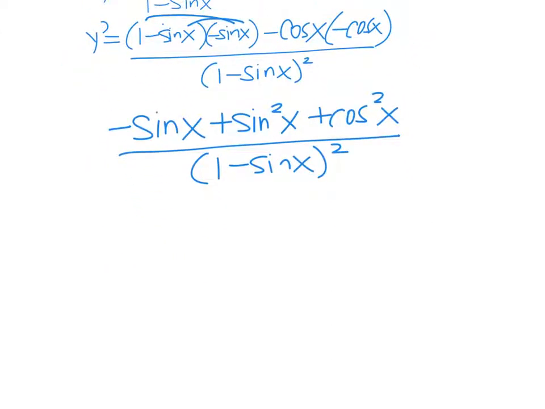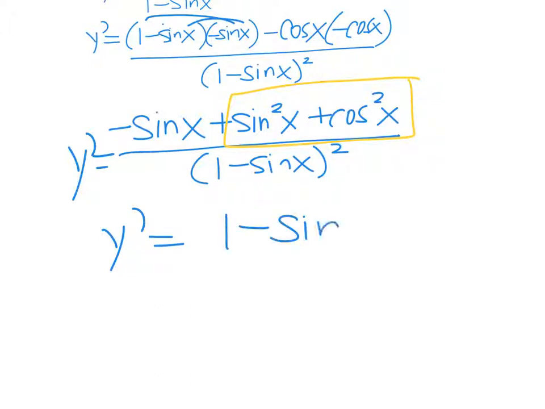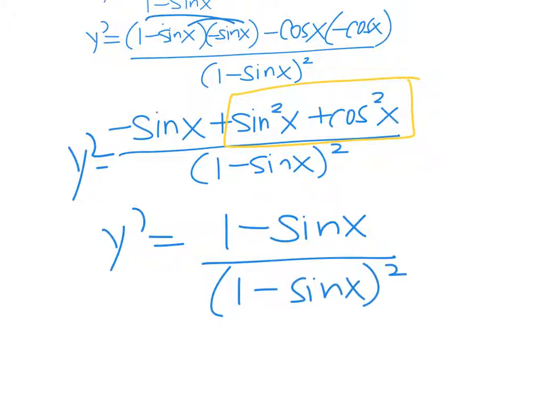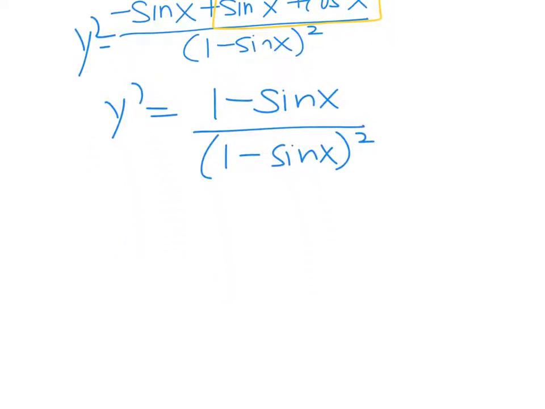All right, so then up top we can simplify this because right here, once again, sine squared plus cosine squared is 1. So this is 1 minus sine x over 1 minus sine x squared. Look, I have factors that can reduce.